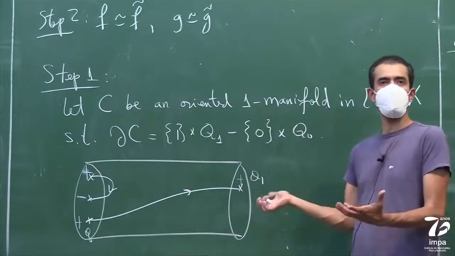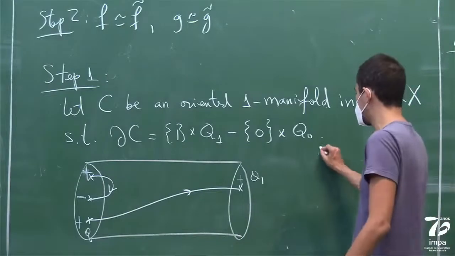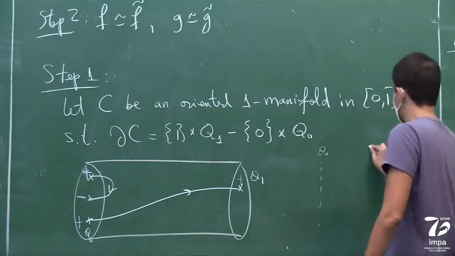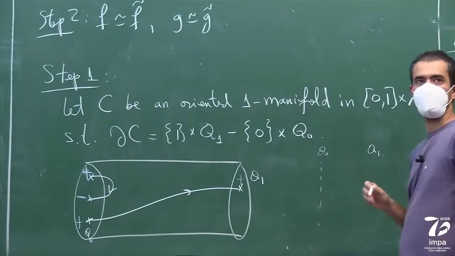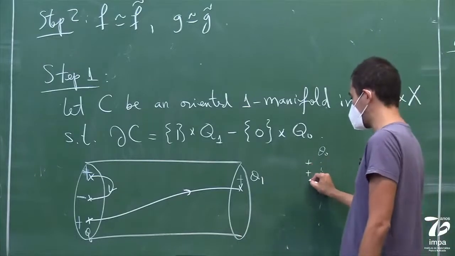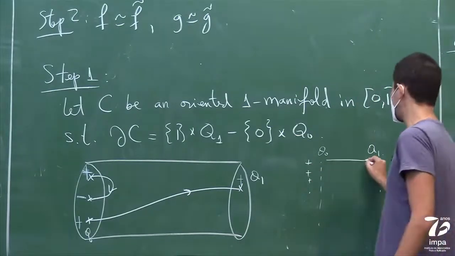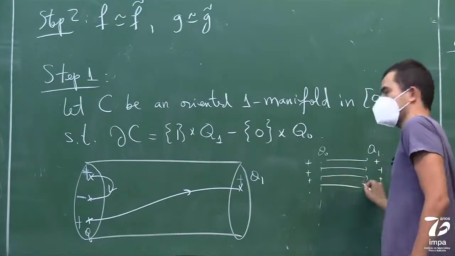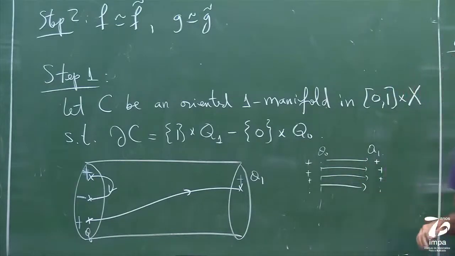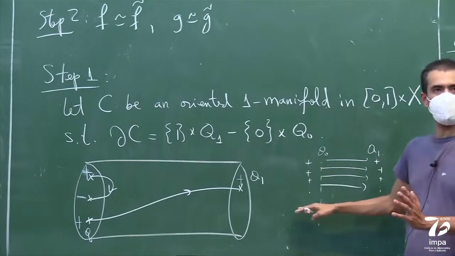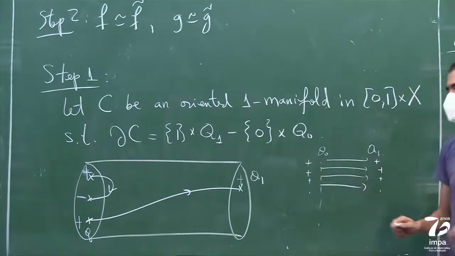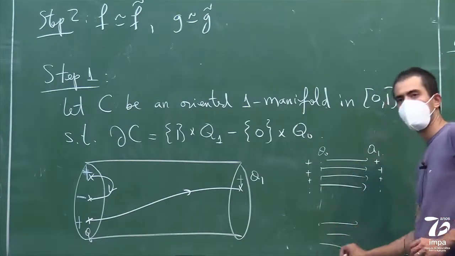So, what exactly am I doing? You can think of Q0 as being a list of points, and Q1 as being a list of points. For example, you can put the positive ones first, and then you match like this. You map all the positive ones that you can, and all the negative ones that you can.